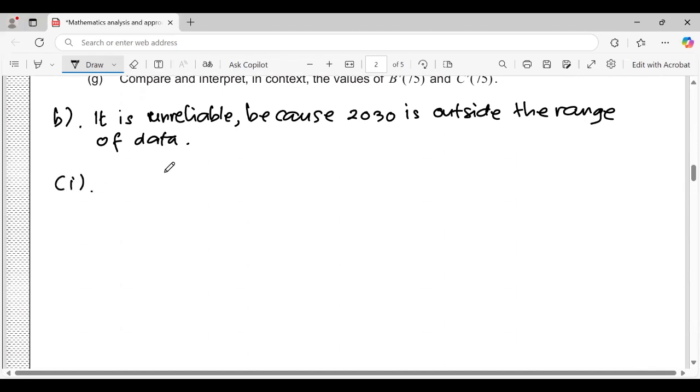See part 1. We need to find T first, the duration: the year 2100 minus the year 2000, and it is 100.